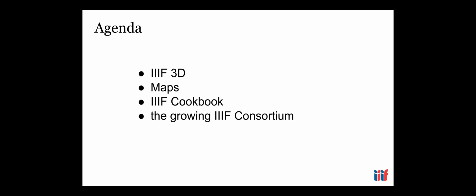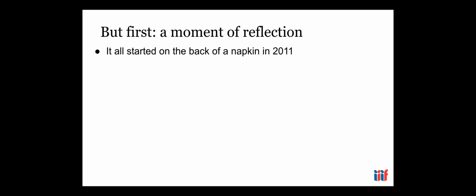I want to briefly talk about work called the IIIF Cookbook that if you're not aware of, you should be. It could be really valuable to you and colleagues in doing usual and typical IIIF use cases. And then I'm going to round this out just talking about the IIIF Consortium and how it supports this work and work that is coming up in the next few years.